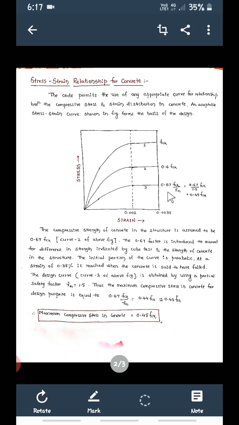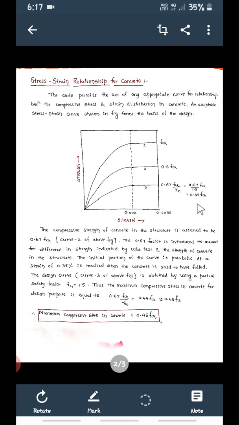Then the third curve, which is used for the design, is 0.67 fck divided by the partial safety factor gamma m. So 0.67 fck divided by gamma m for concrete, which is 1.5. So 0.67 divided by 1.5 comes out to 0.45 fck.